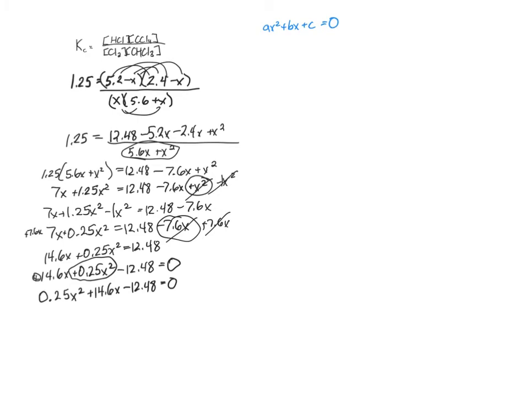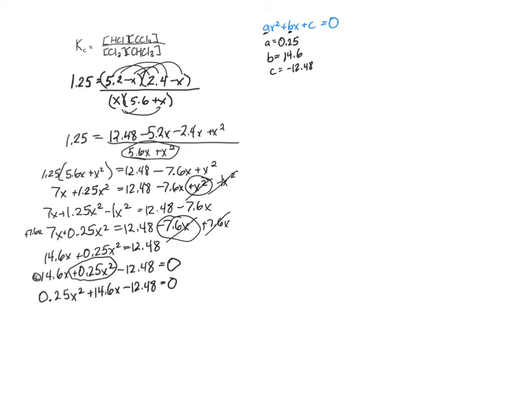So now that we have that, we have A is equal to 0.25. We have B is equal to 14.6, and we have C is equal to negative 12.48.